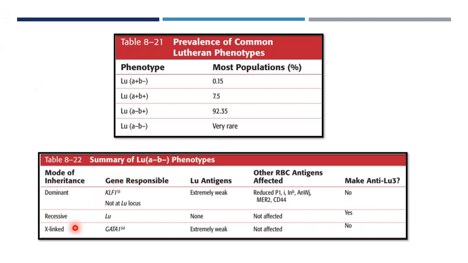The recessive X-linked null phenotype affects males and carries trace amounts of Lu-B. There is a mutation in the X-linked gene for the major erythroid transcription factor GATA1, and Lu antigens here are extremely weak, so they make no anti-Lu3.